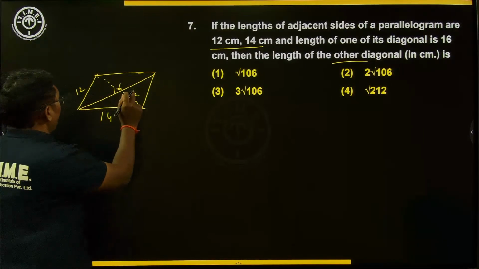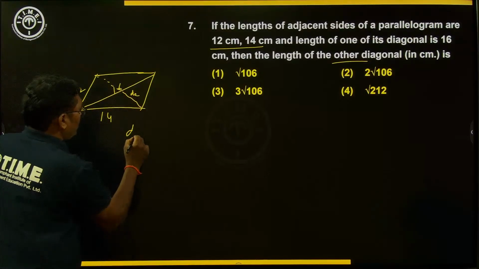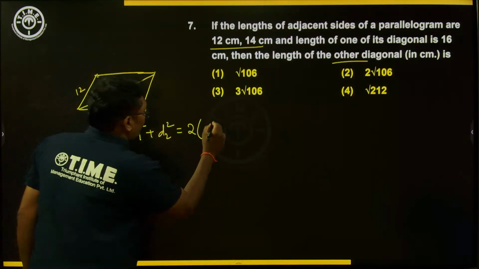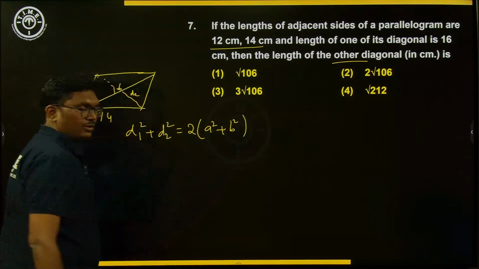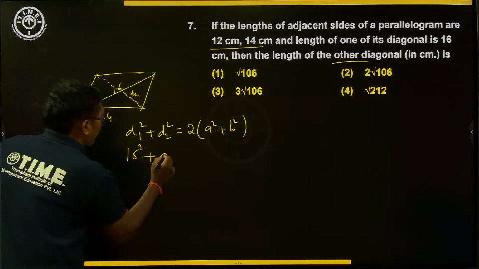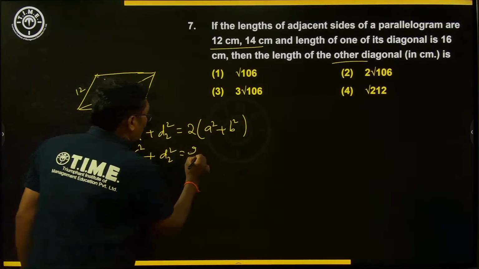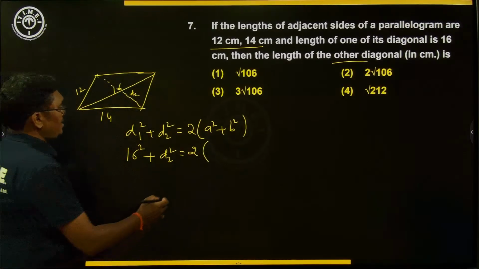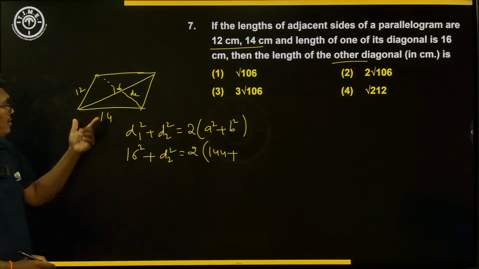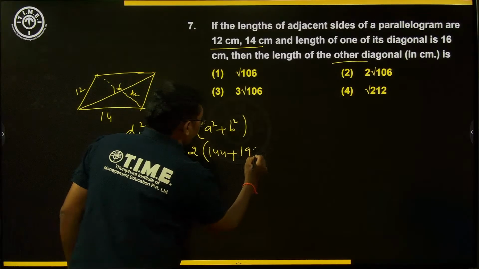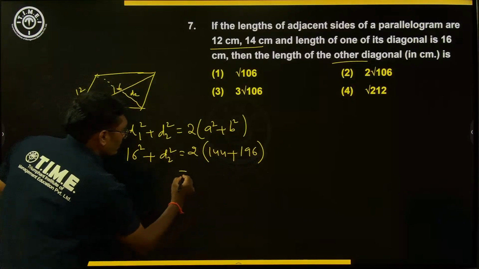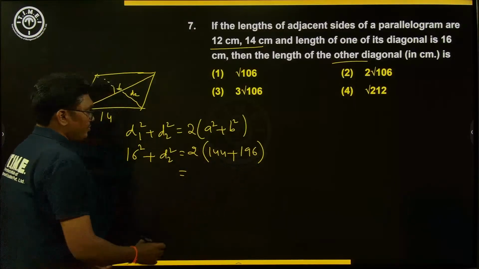We know that what is the relation between diagonals and sides in the parallelogram? D1 square plus D2 square is equal to 2 into A square plus B square, right? So one diagonal D1 square, that is 16 square, and D2 square is equal to 2 into A square, one side, that is 12 square, 144, plus B square, B is 14, so 196. This is 340 into 2, 680.